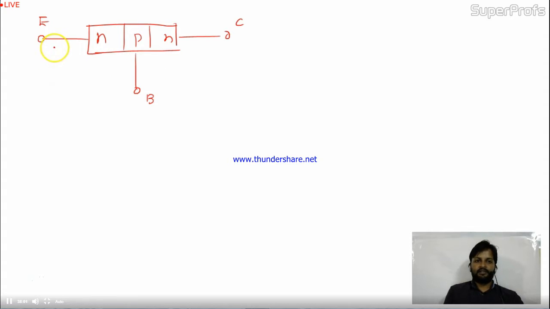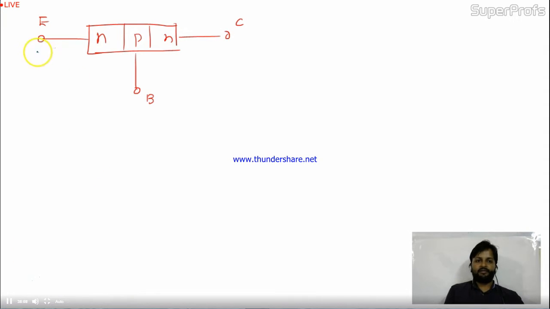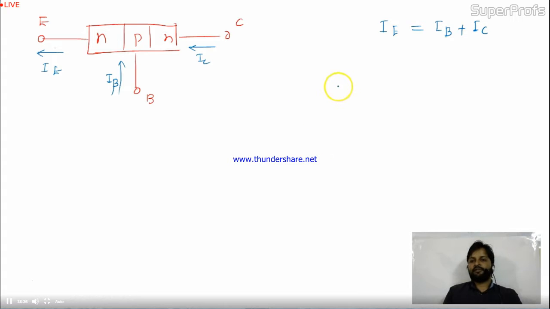If you are considering N, you'll have outgoing current from the emitter. The current will come out from the emitter like this. The current will enter into the base part and the current will enter into the collector part. So if you see this, the current IE equals IB plus IC. In the transistor, this base current is very less.